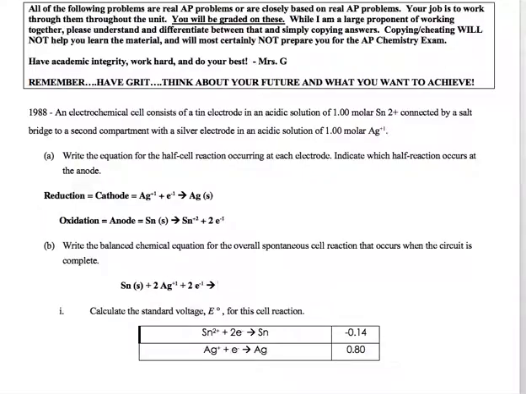On the right-hand side, we get 2 Ag solid, Sn2+ aqueous, and 2 electrons. Sorry, I forgot to put aqueous here. The electrons are redundant, so you can just cross them off or erase them, and you end up with your balanced equation. That's the most you need to be able to do for redox.